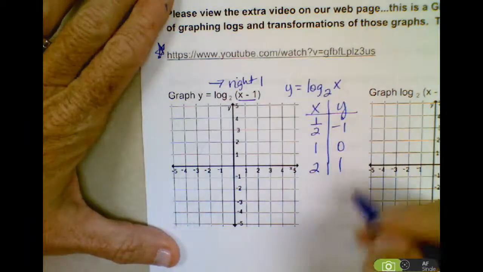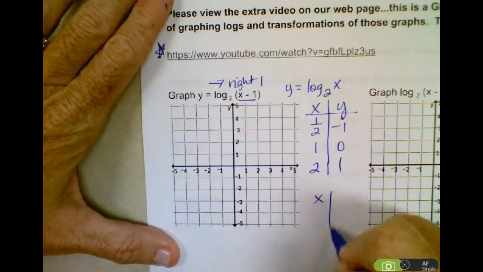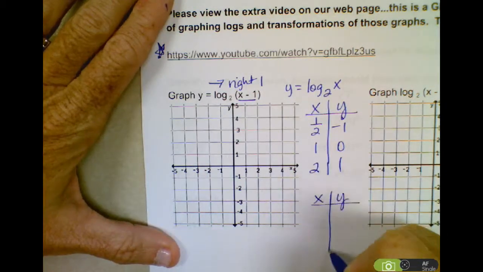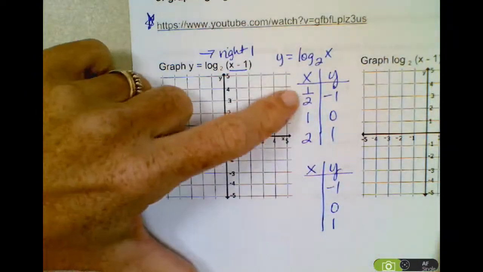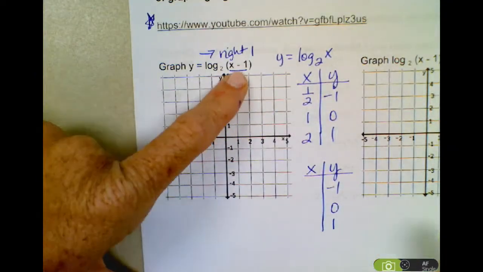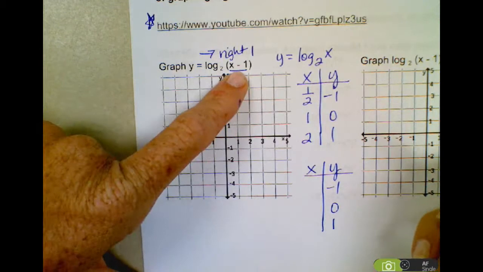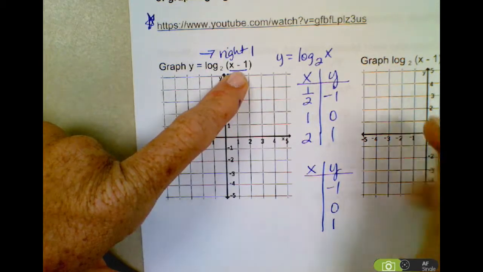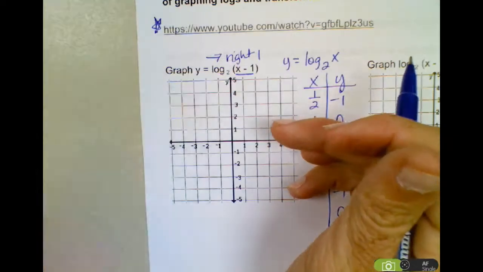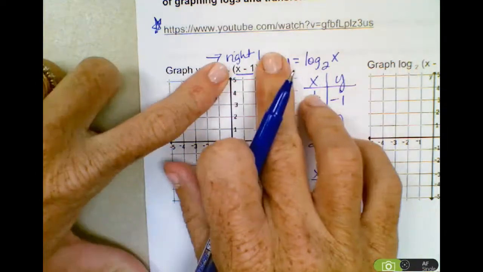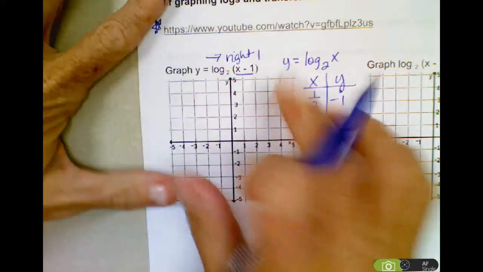Okay, and you'll see in a minute what happens here. So my y values aren't changing, so I'm just going to leave them alone. They're fine. But all of my x values are going to, I'm sorry, they're going to increase by 1. So what you're asking yourself is, what do I have to do to get this value in here to equal 0? Okay?